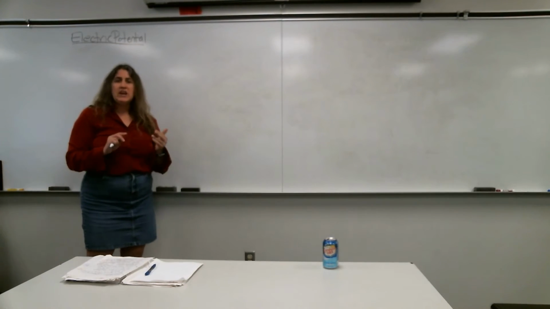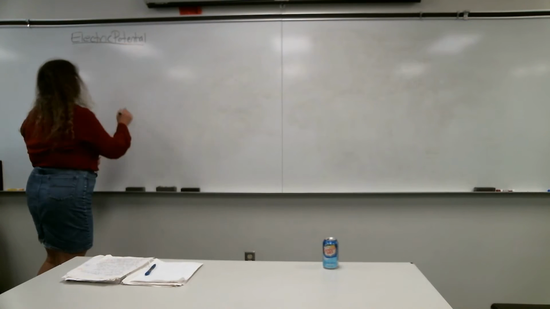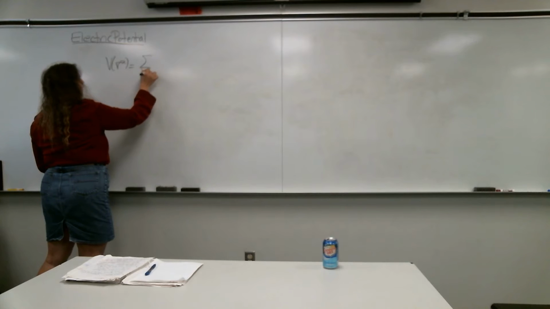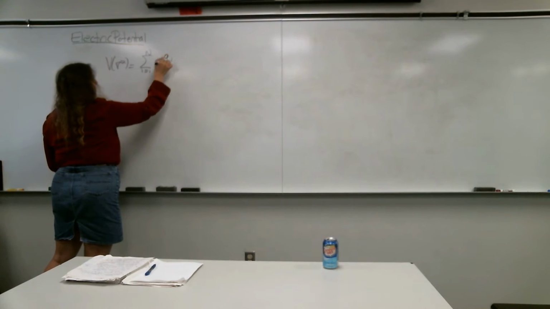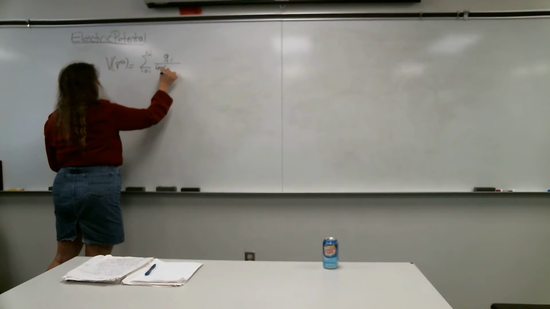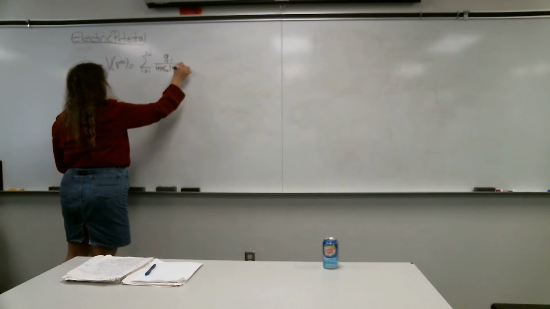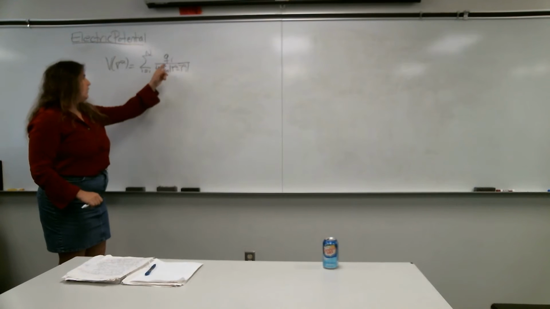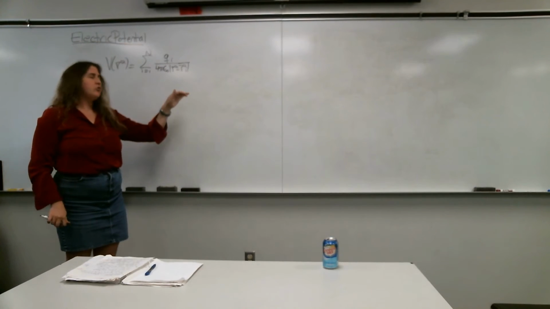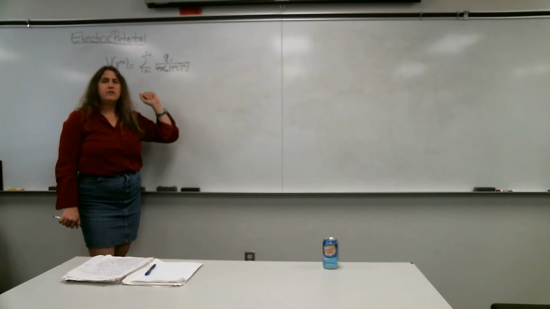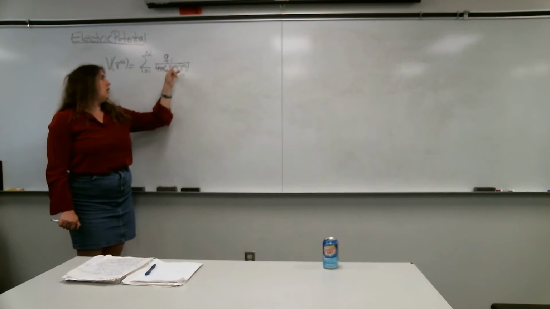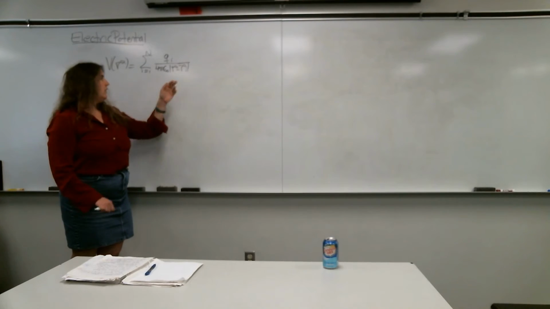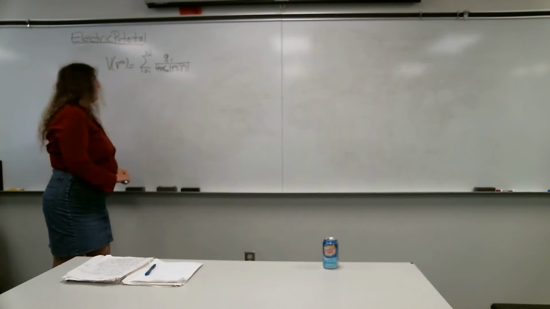In the event that you have n charges, your potential becomes the summation i equals 1 to n of qi, where i represents the ith charge, over 4 pi epsilon naught times the separation vector r minus ri. R again represents the field point or the observation point. Ri is the source point.